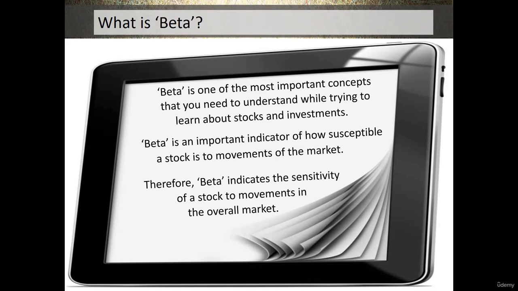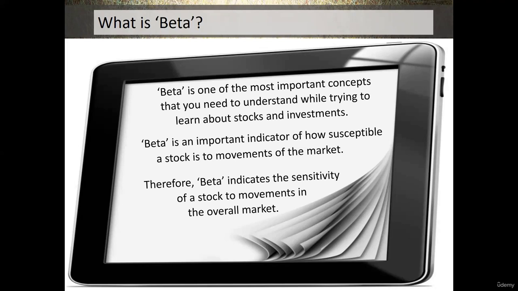Before I move ahead with the explanation of beta, let me explain systematic and unsystematic risk in detail, because only then you will be able to understand beta properly. And then standard deviation and other factors, because beta, standard deviation, R square, Sharpe ratio, Treynor ratio, all of these factors are going to be discussed in the coming classes, and you need to have an understanding of the fundamentals.